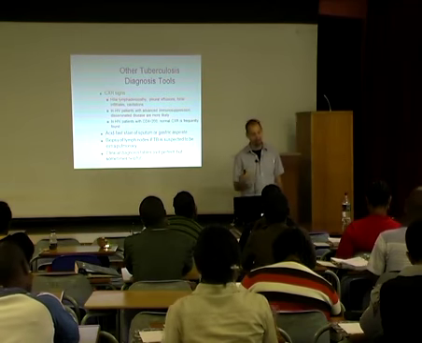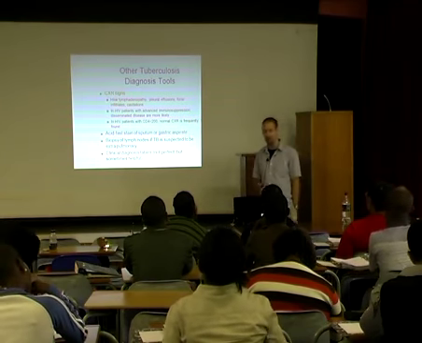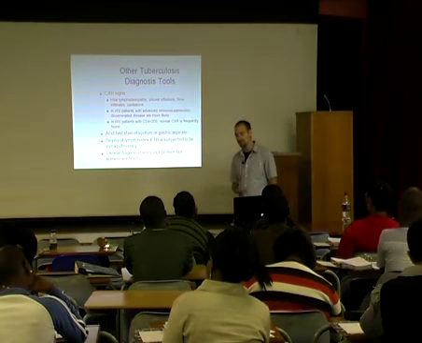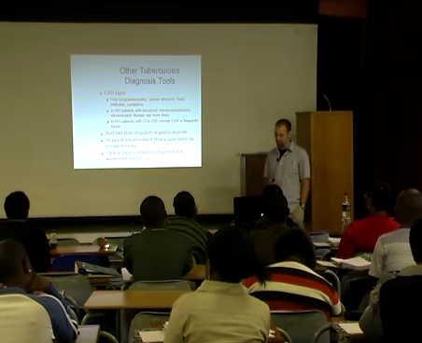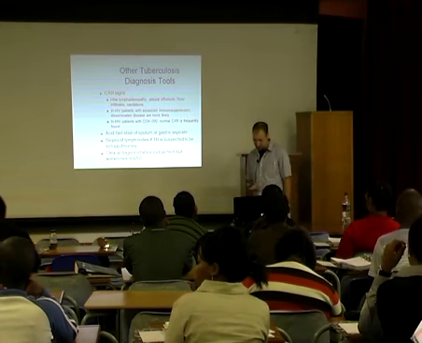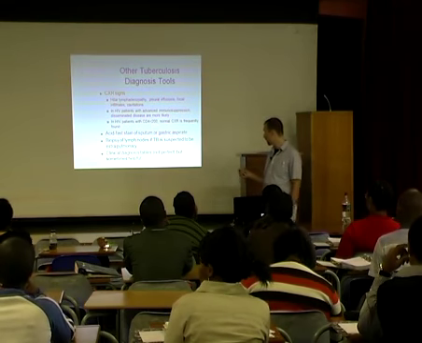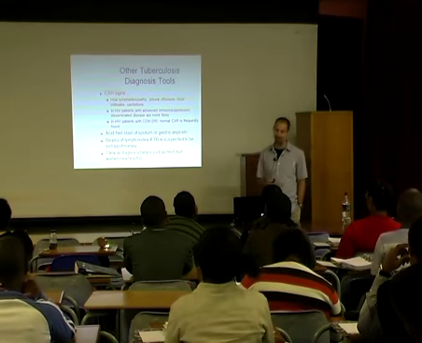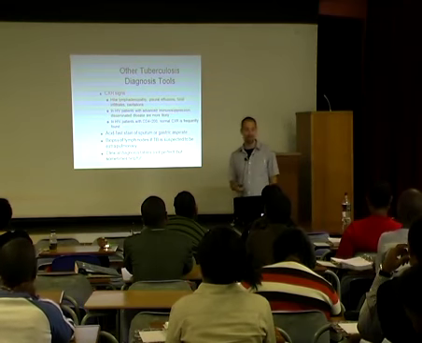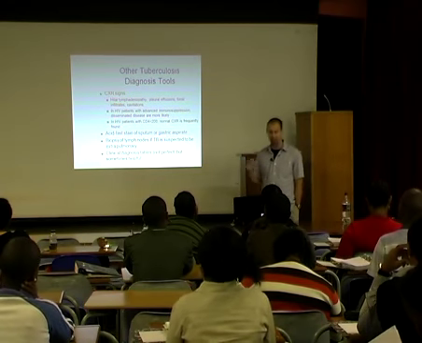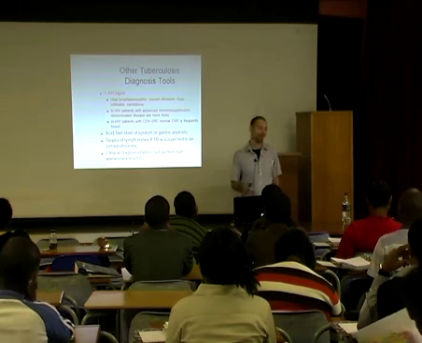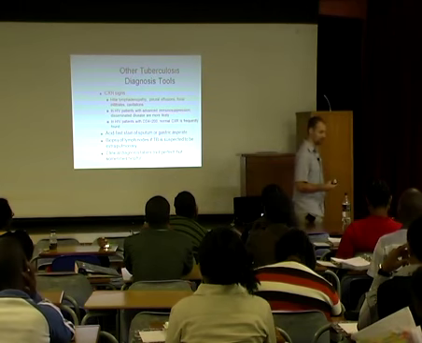You might even have a normal x-ray if they have a very low CD4 count because they don't have enough immune system for it to show up on the x-ray. So patients with very low CD4s, less than 200, chest x-ray, even though they have TB, is often normal. So an x-ray still can't definitively diagnose you with TB.